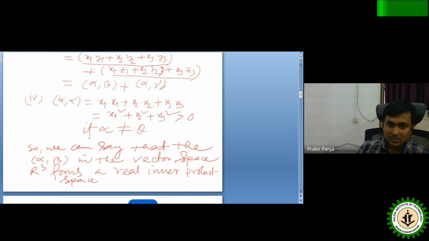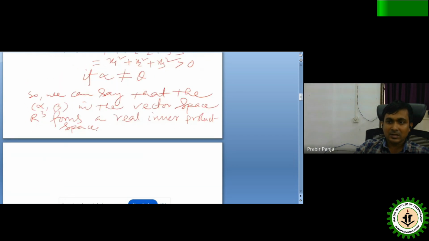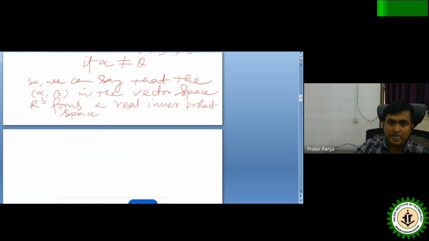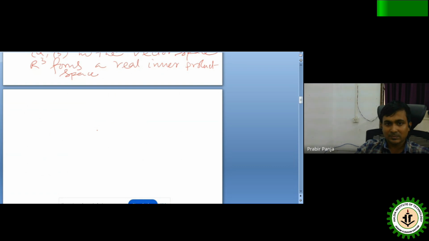Okay, so this way we can define real inner product space, and this is one of the examples that follow real inner product space.